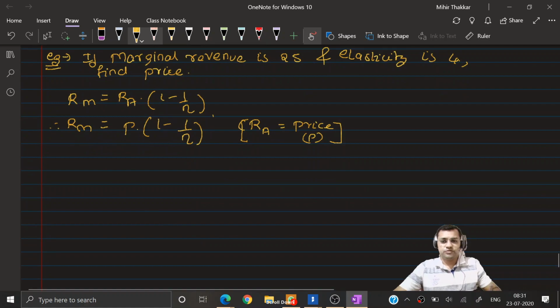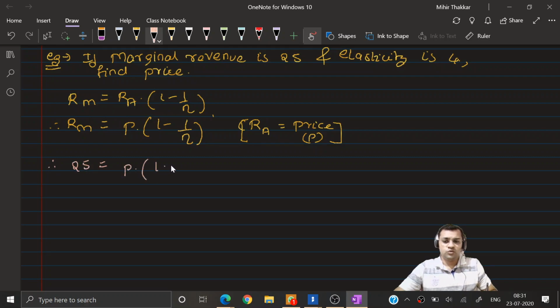Now substitute all the given information. So I can say RM is 25, P is unknown, 1 minus 1 upon 4. Therefore 25 is equal to P into 3 by 4.